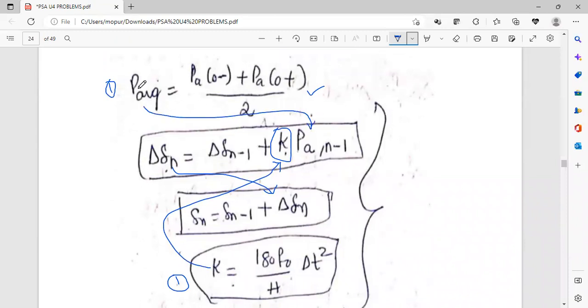The third thing is del n minus 1; for the first case, when we are finding del 1, this del 0 will be 0. You can remember that del 0 is 0. Similarly, PA of 0 minus will be 0.